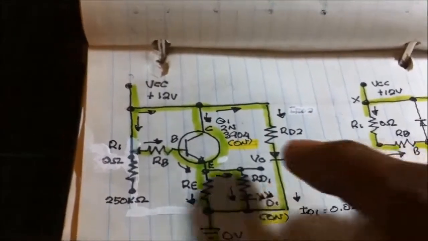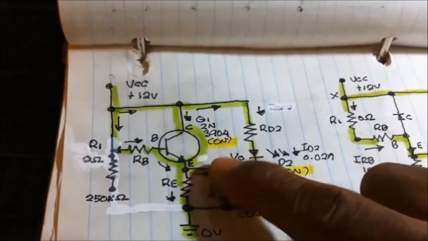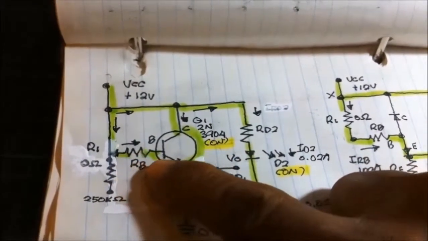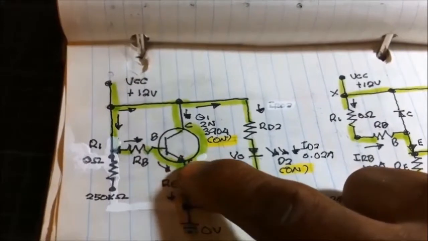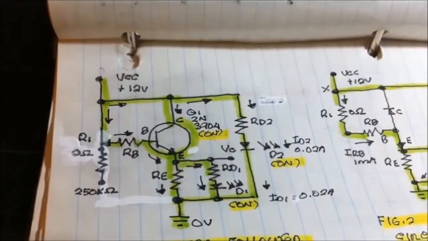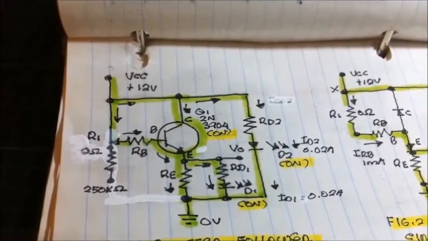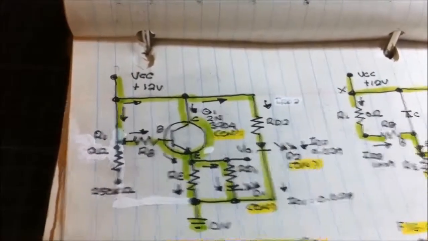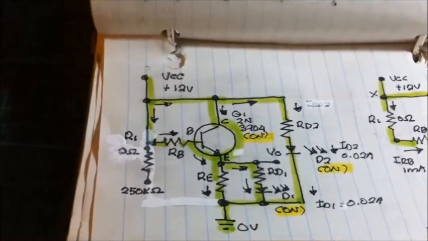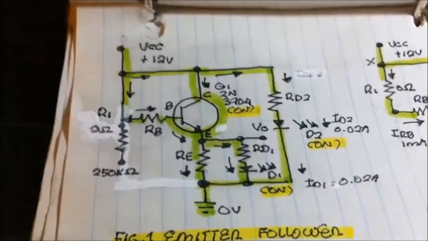It means the transistor here is saturated because there is a current that flows into the base, forward biasing the transistor. Now we're going to compute the value of all the resistors.